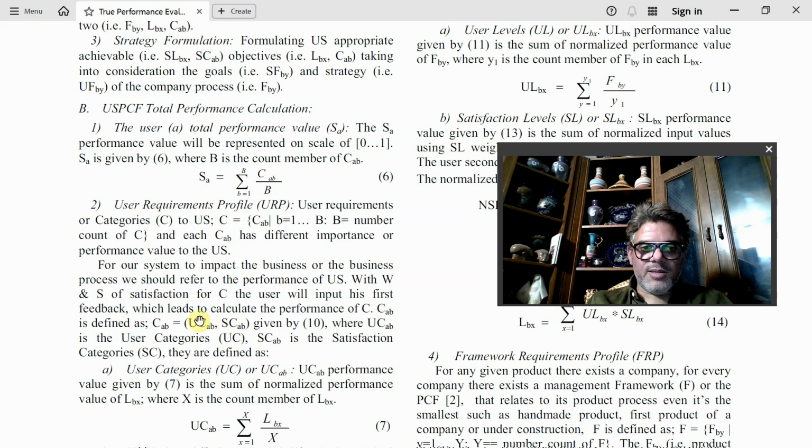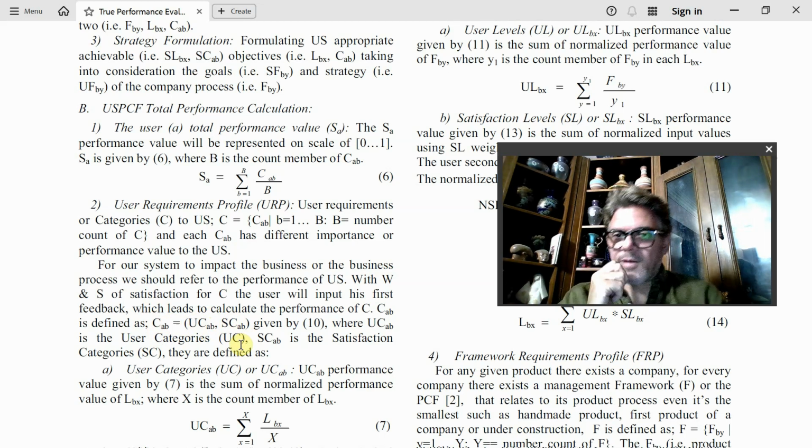So this is mainly a true perspective, always has quantitative and qualitative variables, requirements, lifetime, life cycle, everything.